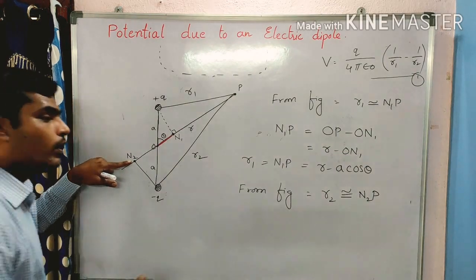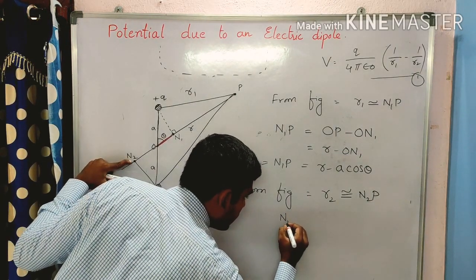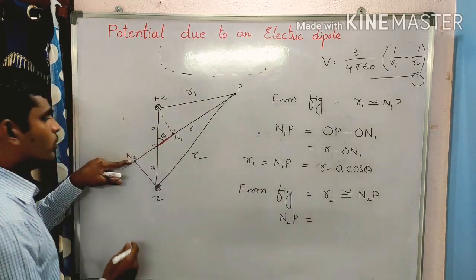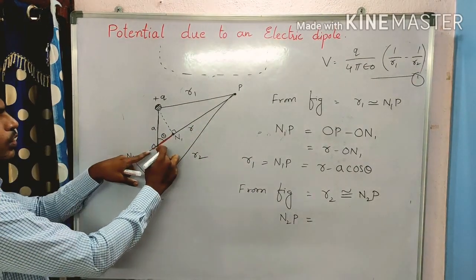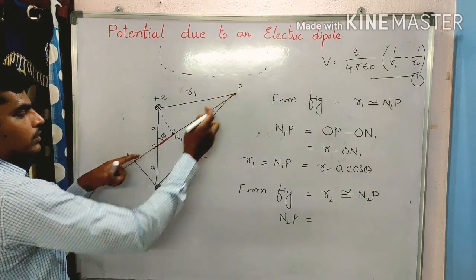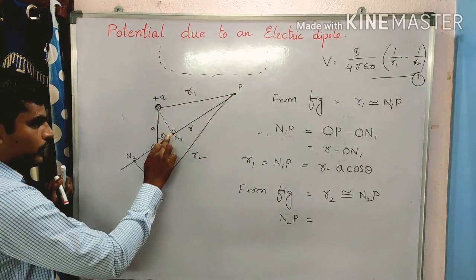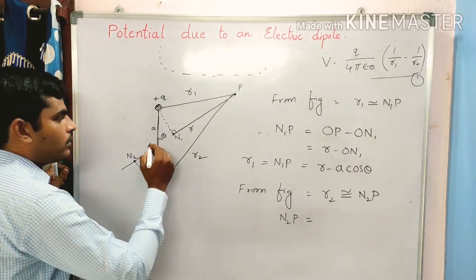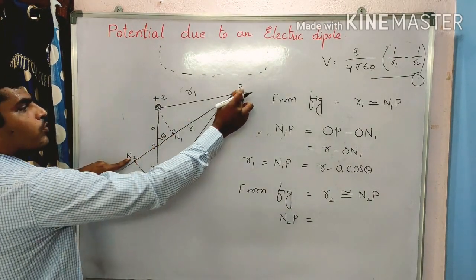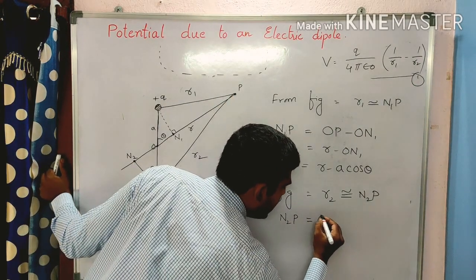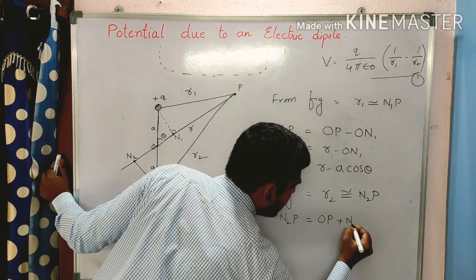Got it? Then what is N2P? N2P is equal to N2O plus OP. Right? Now you forget this one. Straight line. N2O plus OP. So I am writing OP plus N2O.